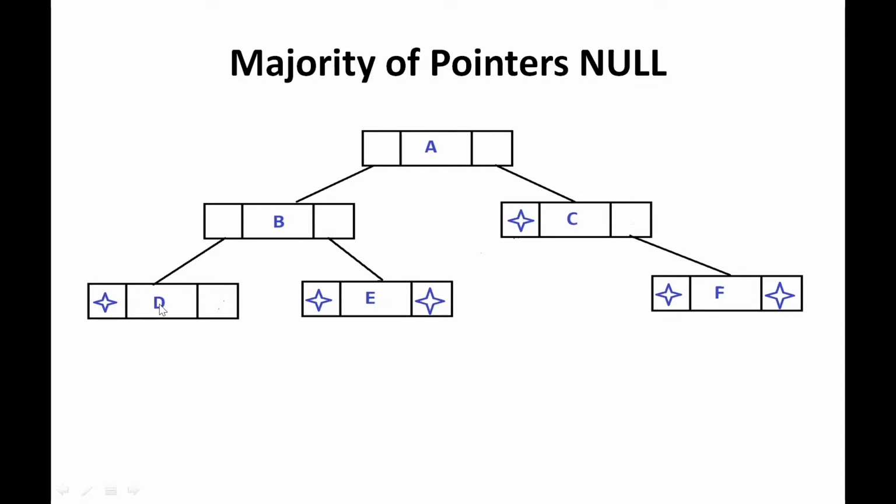From the recursive call of D, it returned to the recursive call of B. But you can see in the linked node of D that it is not stored with the address of B. Neither the forward link nor the backward link contains the address of B, but still the algorithm is able to come back to B. Similarly, after completing B, it goes back to A, and again we don't have the address of A stored in node B. So how this backtracking works is with the help of the stack.